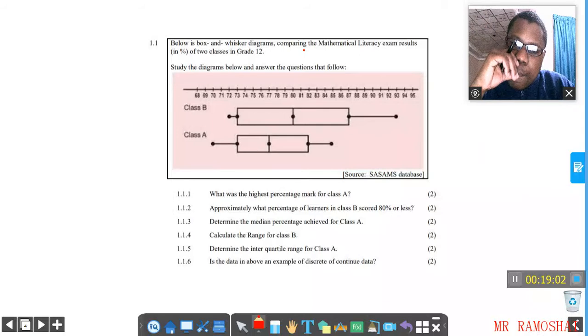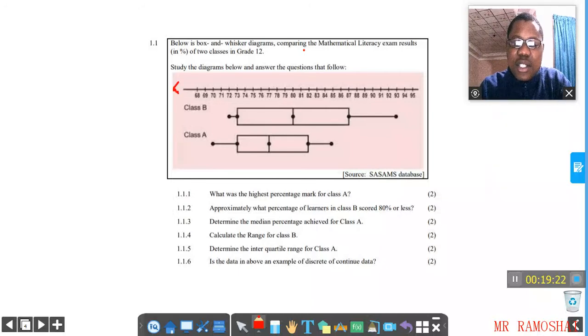Right, here you are given the 2 box and whisker diagrams. Each box and whisker represents 1 class, right? So look at the scale here.